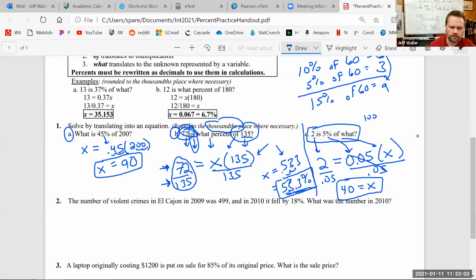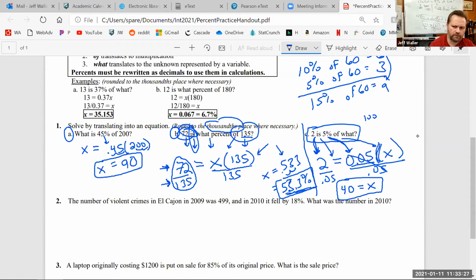Okay, maybe. Sorry, can you repeat that again, just so I can make sure I have that right? 2 is 5% of what? So 2 equals 5%, which becomes 0.05. Of means times.